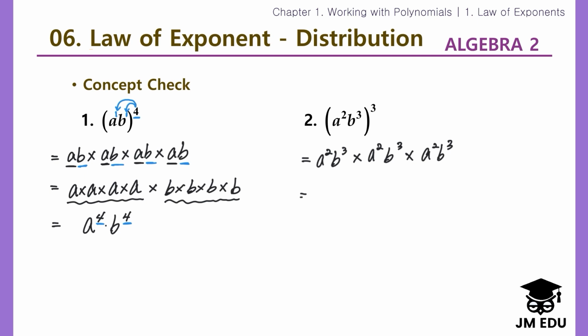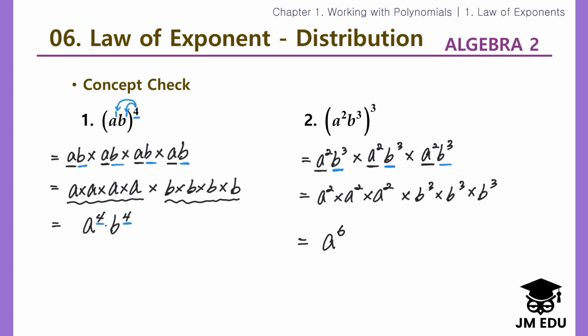So that's going to be equal to, here, base A, we have A squared times A squared times A squared. Here we have B cubed, 3 B cubeds are multiplied together, right? So B cubed times B cubed times B cubed. So far so good. So that is equal to, here, A to the 2 plus 2 plus 2, or we can say that's 2 times 3. That's a 6, right? That's a 6.